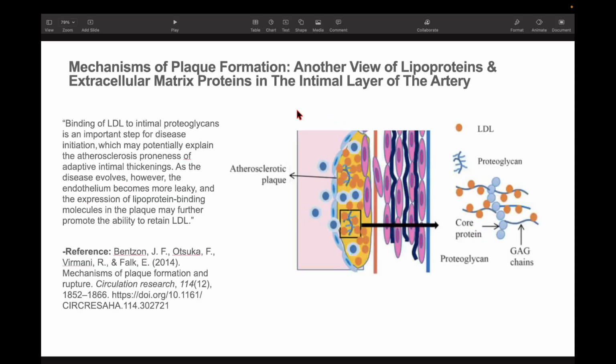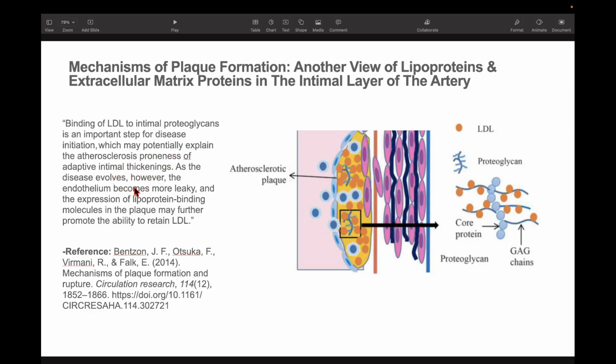Now, this is another view of this, so you guys can see how the lipoproteins are binding to the extracellular matrix here, the proteoglycans. Those are the proteins in the extracellular matrix. So what we see is another view of lipoproteins and extracellular matrix proteins in the intimal layer of the artery. So, quote, "binding of LDL to intimal proteoglycans is an important step for disease initiation, which may potentially explain the atherosclerosis proneness of adaptive intimal thickening.